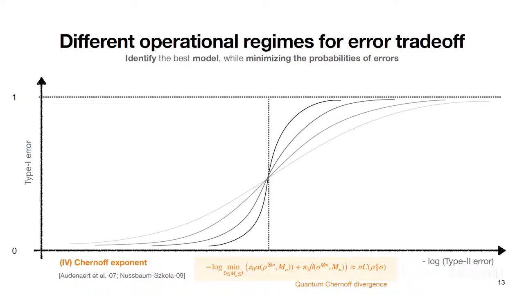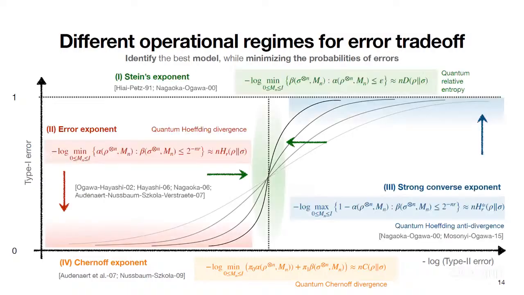So essentially for quantum hypothesis testing, you can play around the trade-off between type 1 and type 2 error probability, and you have a few regimes that you can study. So the summary of the existing results is here, in this diagram. All of the regimes are precisely characterized already by certain information measures between rho and sigma.